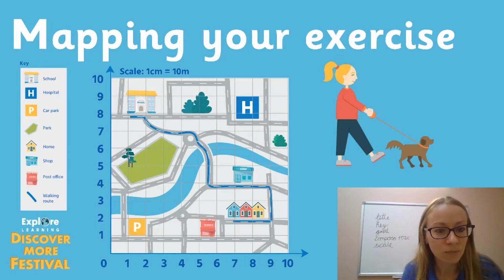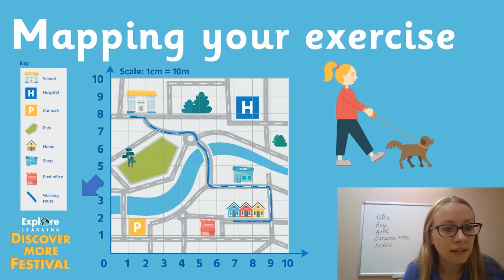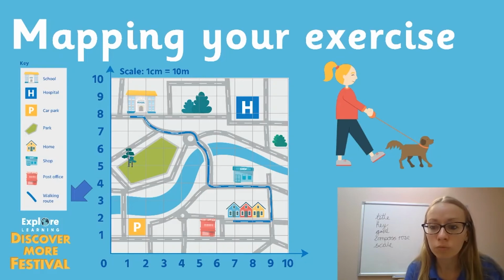Let's have a look at this one. So you can see here that I've included an additional feature to my key. I've got a blue line at the bottom of my key there to represent my walking route. Okay, so I've added in that symbol, and you can see that I've now mapped my walking route from the school here, the route that we explored earlier, to my home, the blue house.